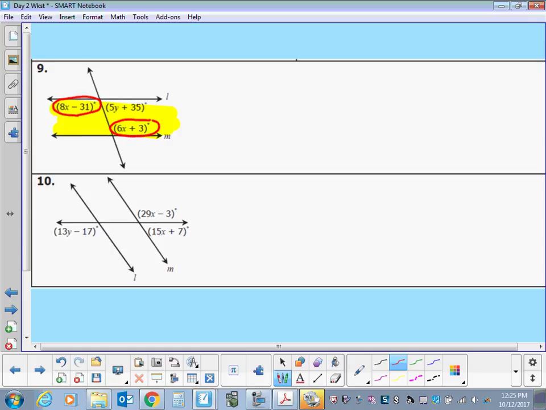They are congruent, but why? You guys have to know what I mean when I say what's the angle relationship. Use your foldable. Alternate exterior. Exterior, interior. All right, they're going to be congruent. So we have 8x minus 31 is equal to 6x plus 30.